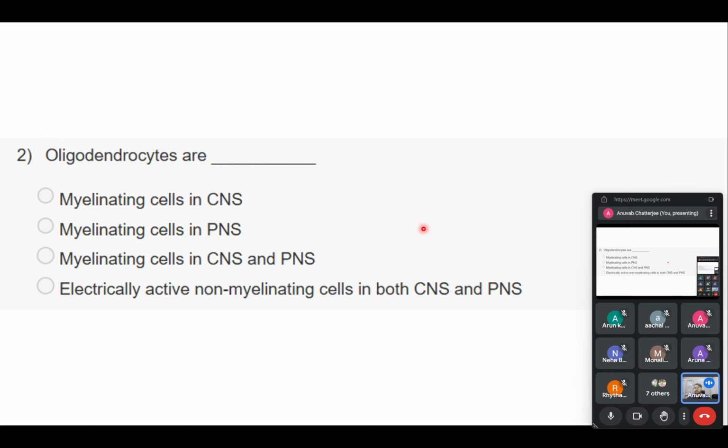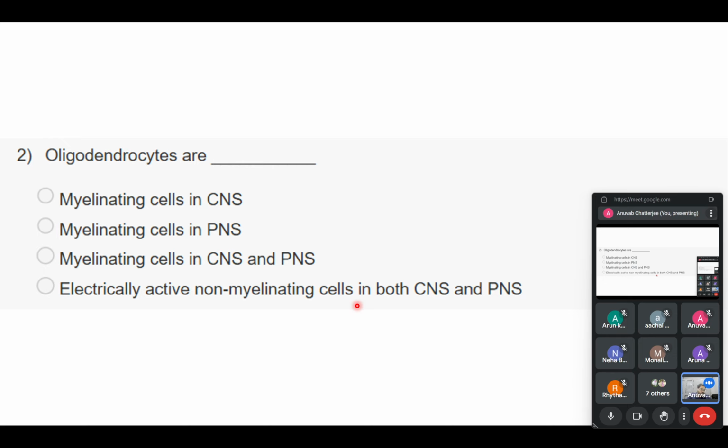Moving forward, the opposite question: oligodendrocytes are blank. Myelinating cells in the CNS, myelinating cells in the PNS, myelinating cells in CNS and PNS, and electrically active non-myelinating cells in both CNS and PNS.